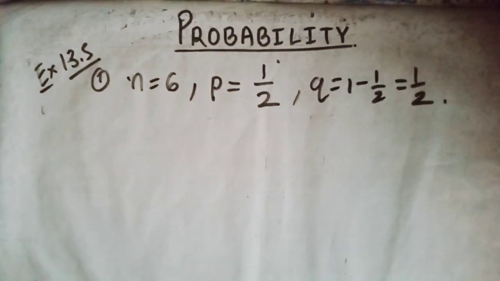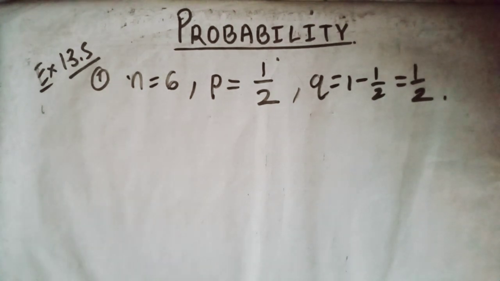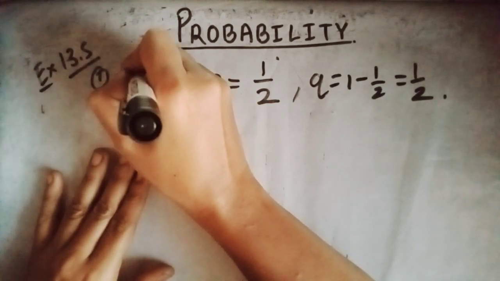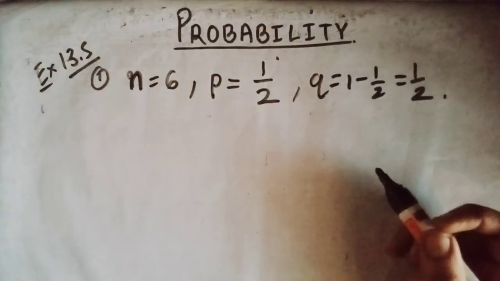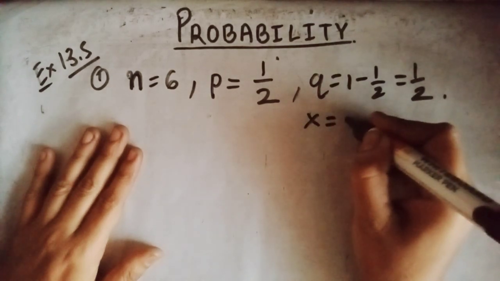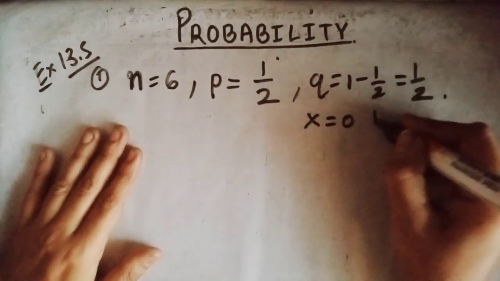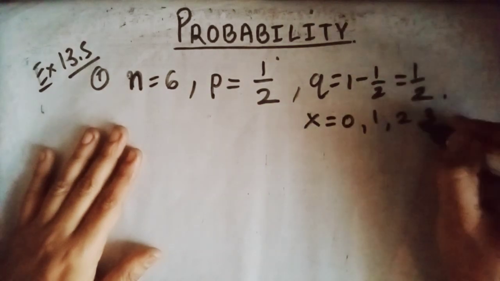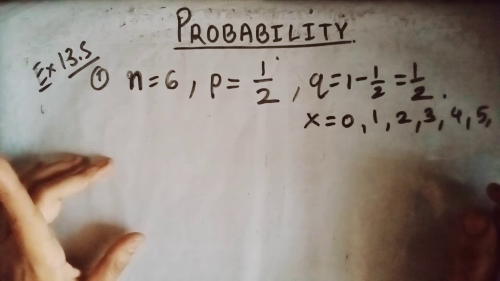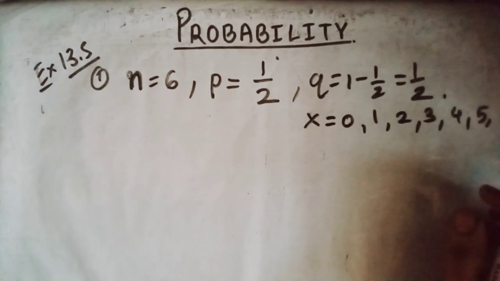So you have to use that formula. Since the number of trials n is 6, the random variable will start from 0, 1, 2, 3, 4, 5 and 6. The die is thrown 6 times.